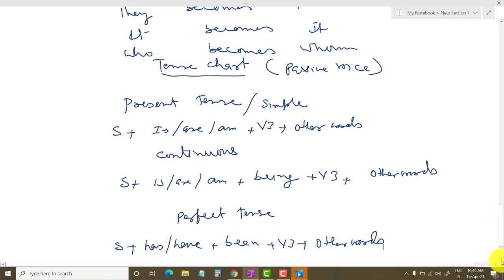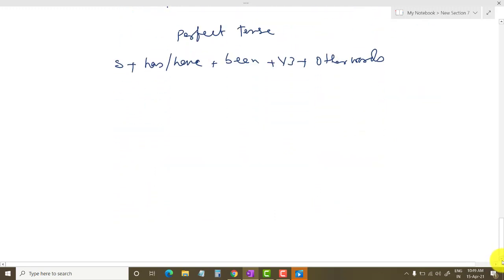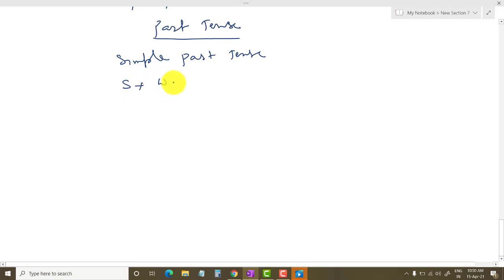Next is your past tense. At first, simple past tense: subject plus was, were plus V3 plus other words.